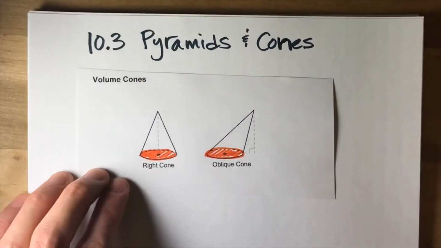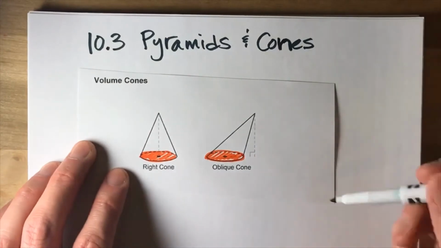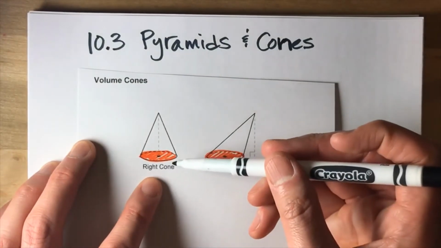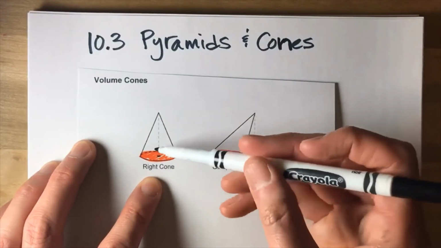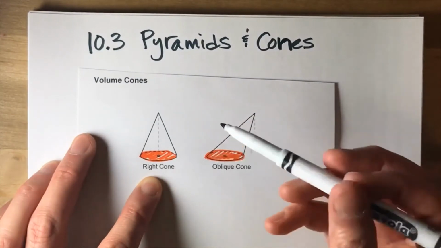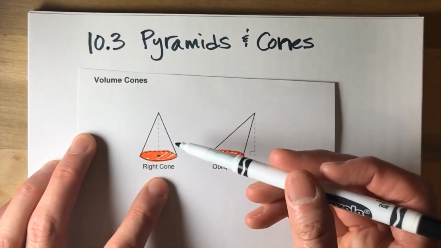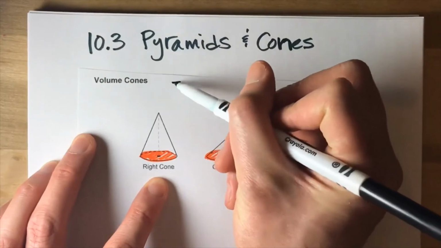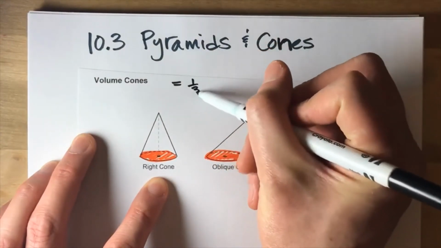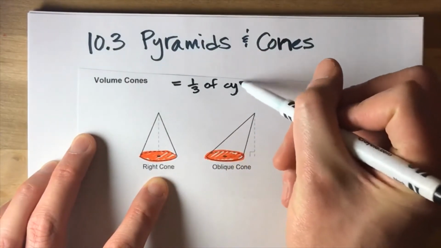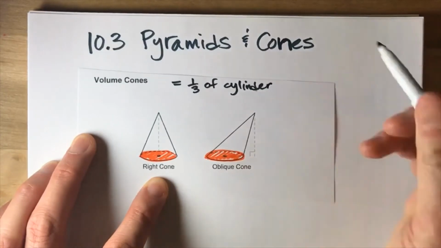What you should have found from the previous video was that it takes 3 cones to fill a cylinder with the exact same base and height. So if you have a cone and you want to find the volume, just know that it's equal to 1/3 of the volume of a cylinder with the exact same dimensions.